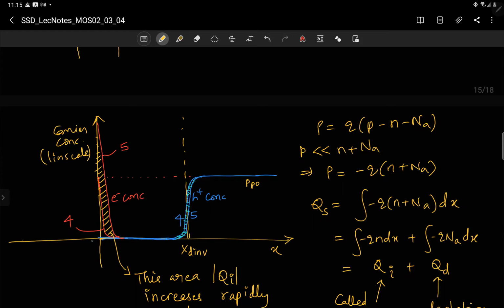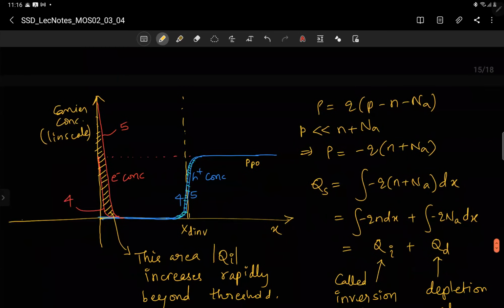For the electron concentration, we have seen earlier that the electron concentration reaches the pp0 value at the surface. This is 4. And for 5, if you increase V beyond Vt, the electron concentration increases very high, rapidly. This corresponds to voltage condition 5, which is greater than Vt.